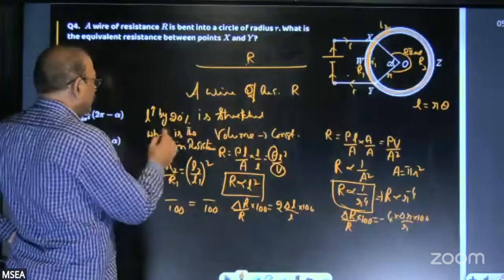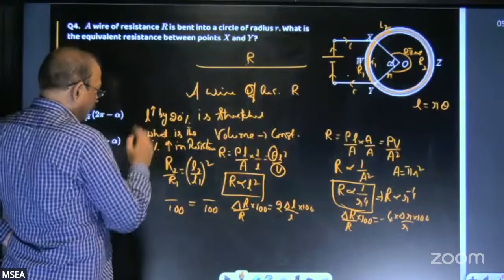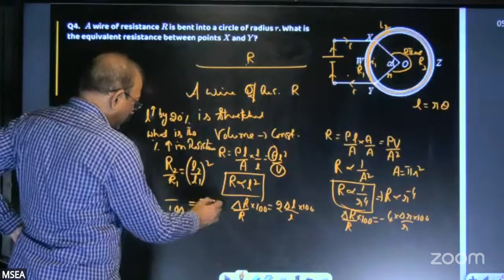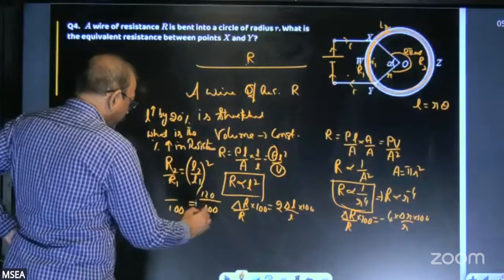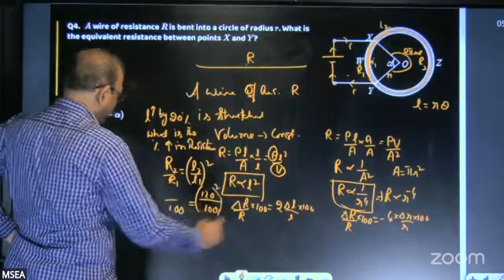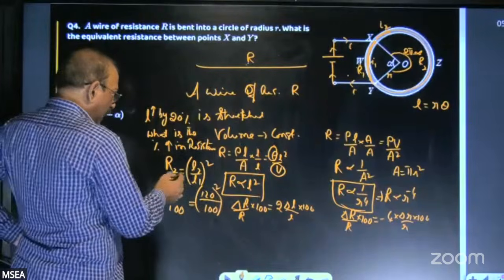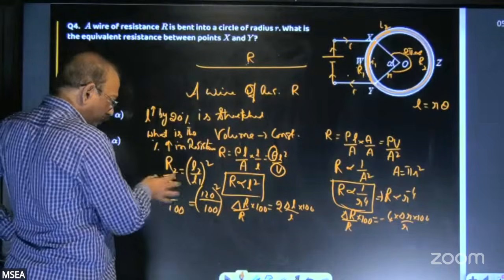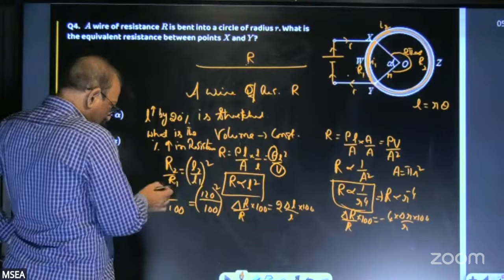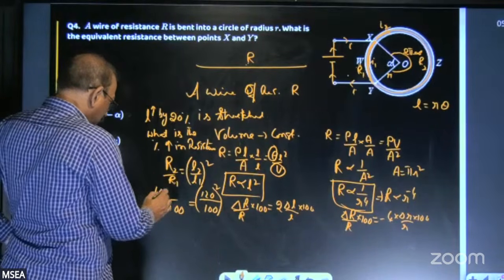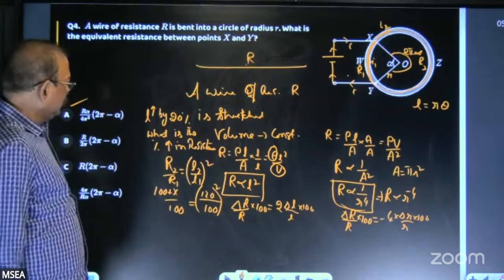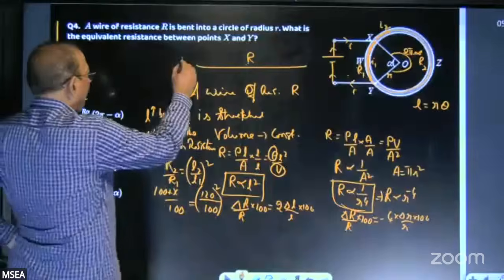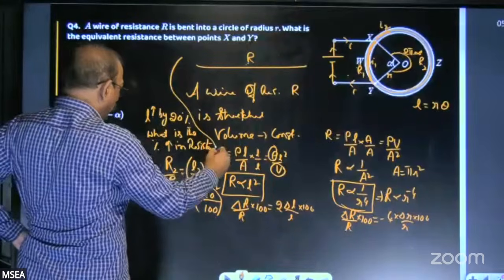And the length increased by 20% is given. So what is the new length L2? 100 plus 20, 120, whole square. And when length increases, resistance also increases. No? R1 I took as 100, so R2 is 100 plus some X, and find X. This is the procedure when the percentage change is large.